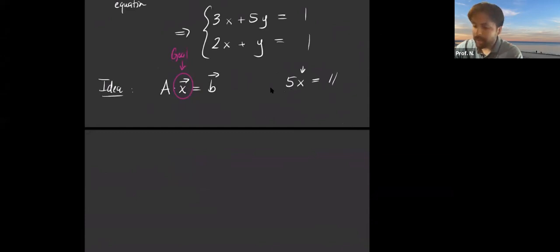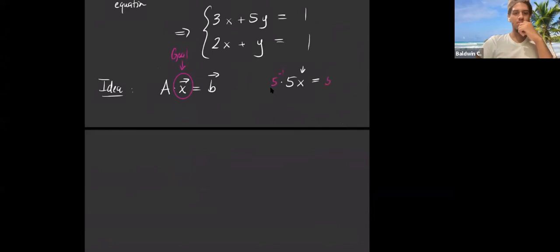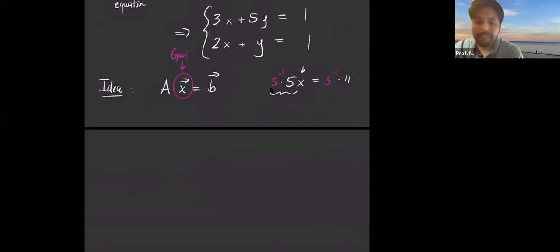We multiplied by the multiplicative inverse of 5. And we did the same thing here. And then what happens when you multiply 5 by its multiplicative inverse? You get the multiplicative identity, which is what?